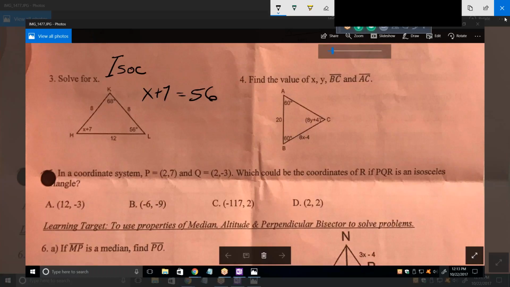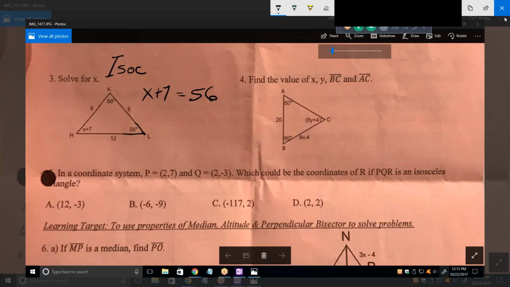Remember, it's the opposite sides or the opposite angles that are equal. It's not this vertex angle. And do you have any questions as to how to find the side opposite an angle? In other words, if I want to know the side opposite that 56-degree angle, I just extend those two rays all the way out, and the line that connects them, that's the side that's opposite, always.